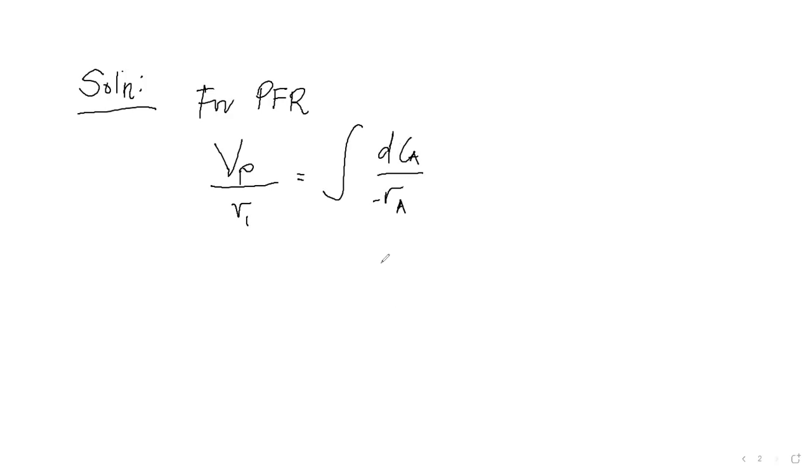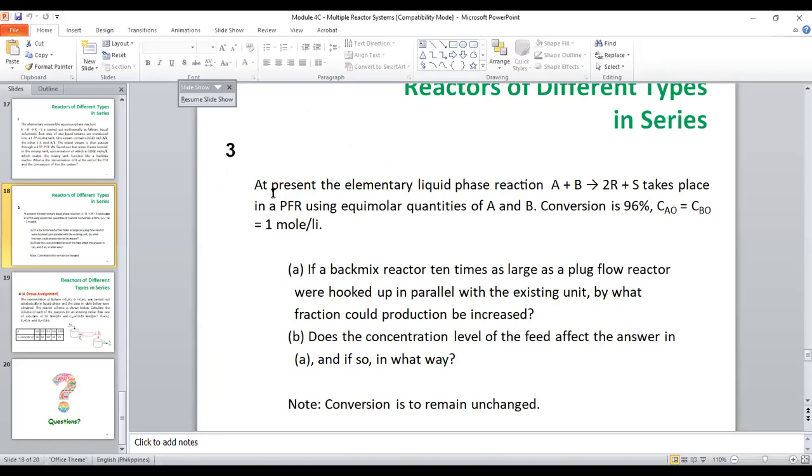Now we can rewrite this expression. Let us go back to the problem because we don't have the rate law specifically stipulated in the problem. So we will read the problem again on what will be the corresponding expression for the rate law that we will write in here. So this is our problem. At present, the elementary liquid phase reaction.